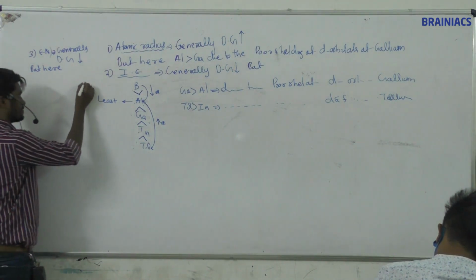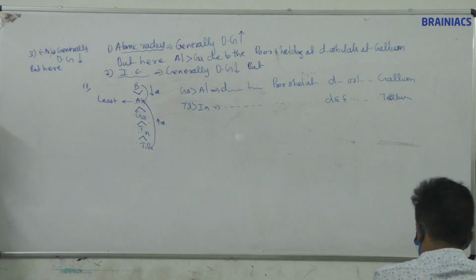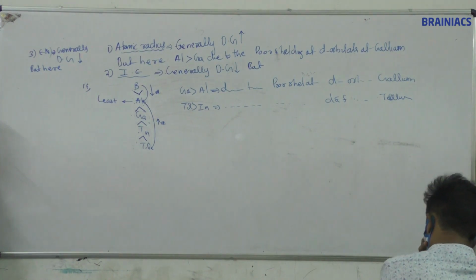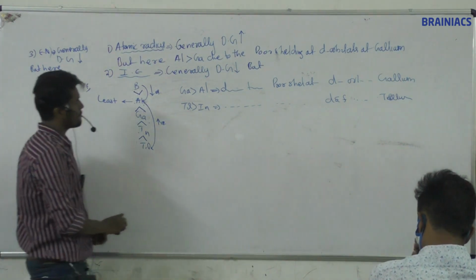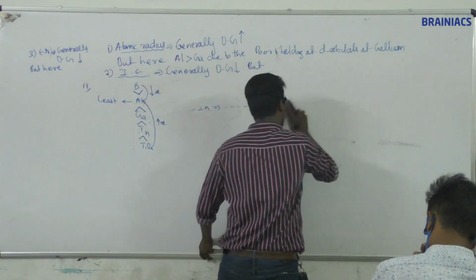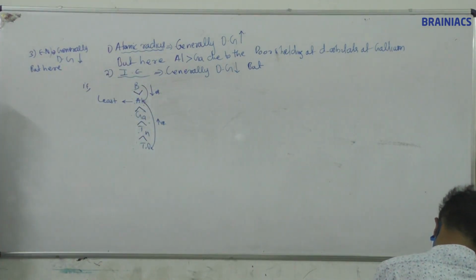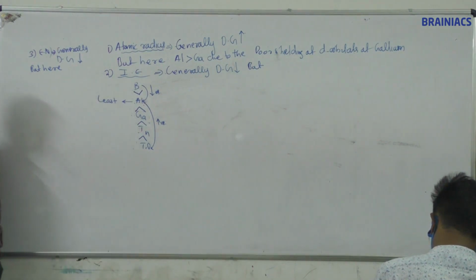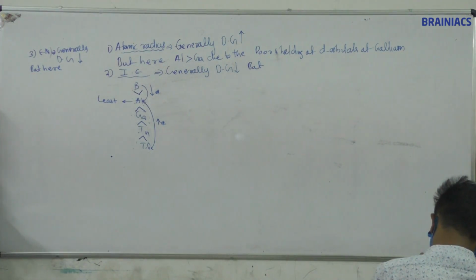That is electronegativity. About that point, aluminum is the least electronegative and most electropositive element.